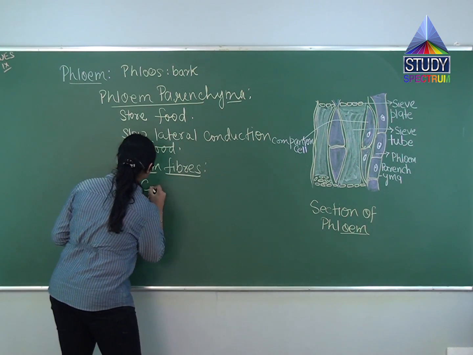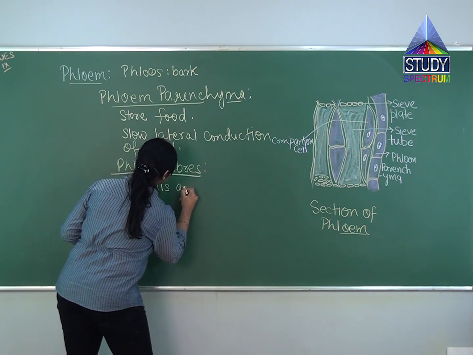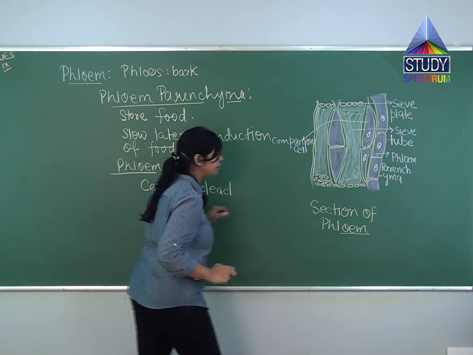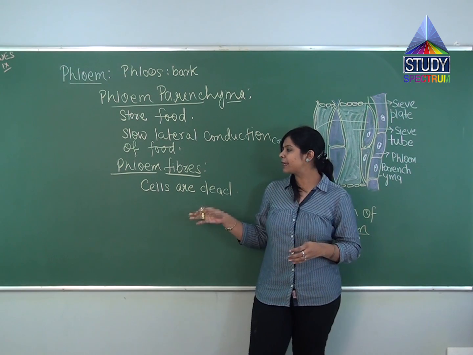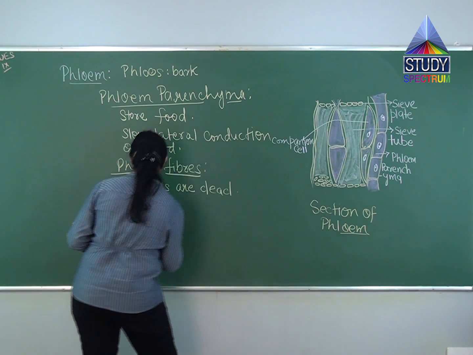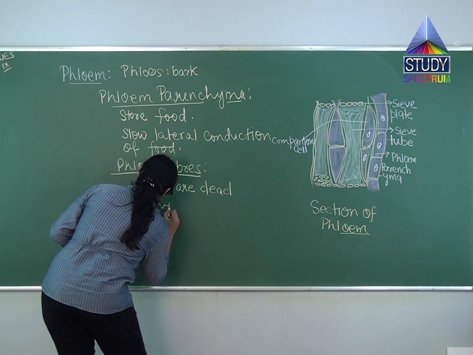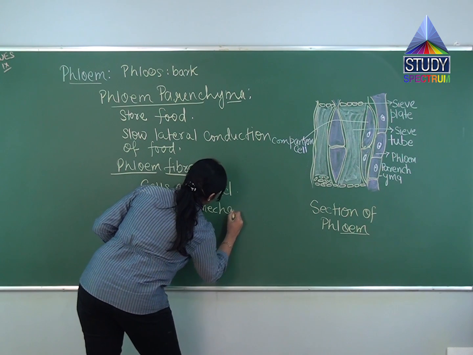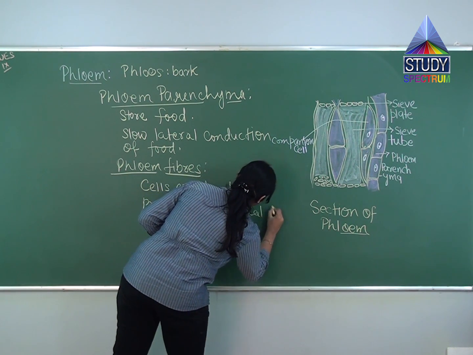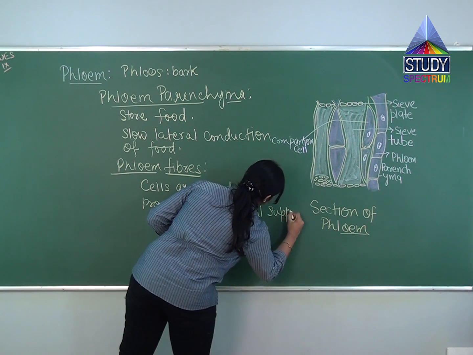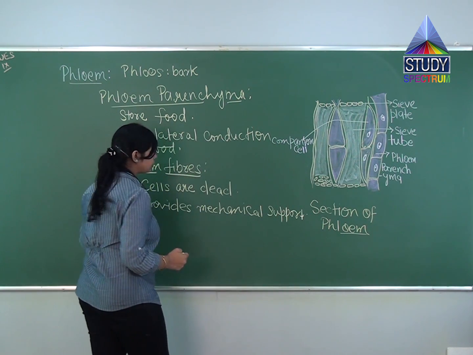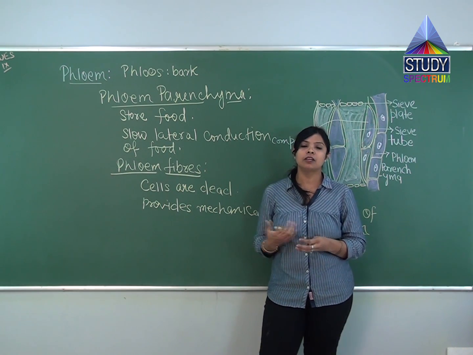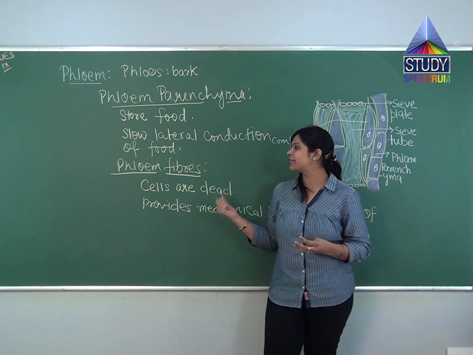Here the cells are dead, and they provide mechanical support to the plant. So this is about the phloem fibers. There are many phloem fibers which have very economical uses, like jute, flax, etc.